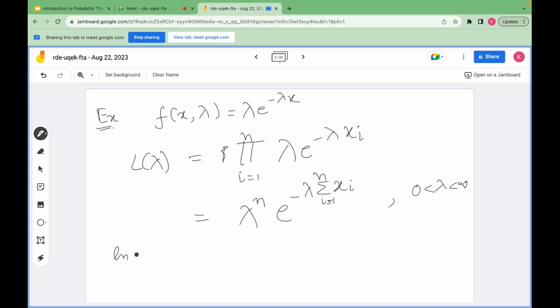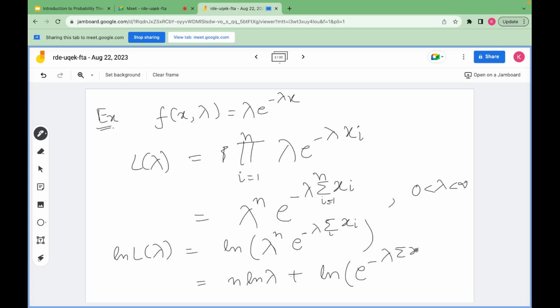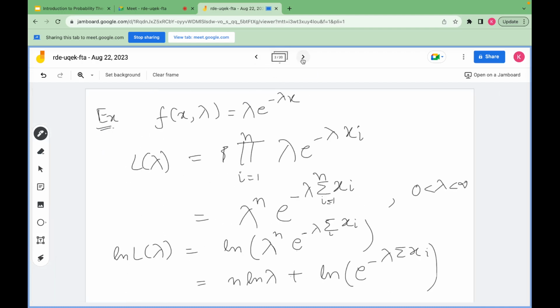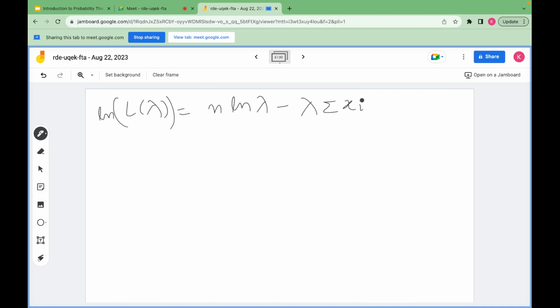Now we will take the log on both sides. The right hand side will become n ln lambda plus ln e to the power minus lambda sigma x_i, which becomes n ln lambda minus lambda sigma x_i.